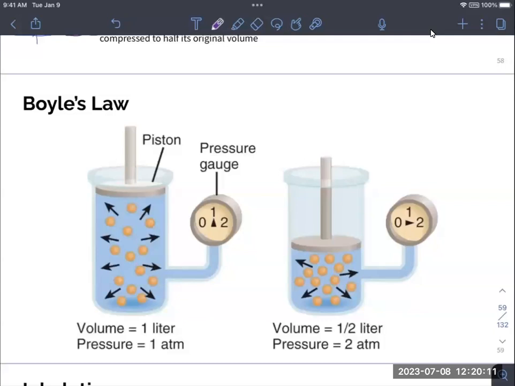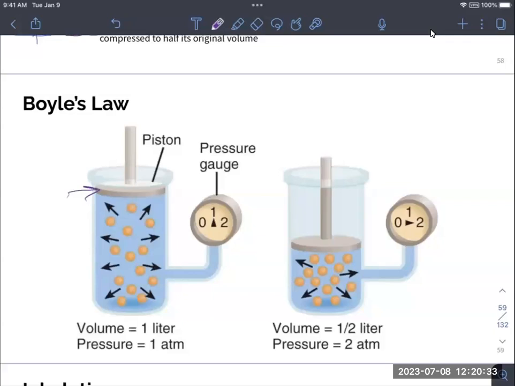It talks about, we have this piston in here, air, with all of these air particles floating around. When this piston is up higher over here, there's more space. There's more volume in that container, which means the pressure is lower.